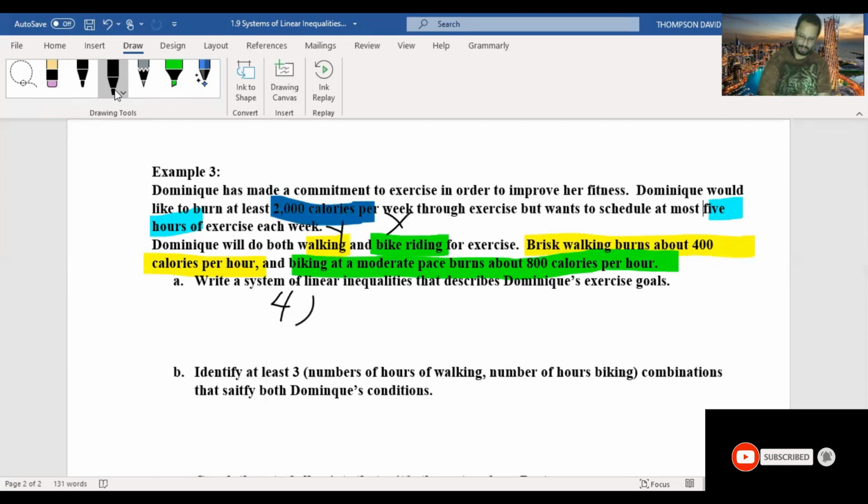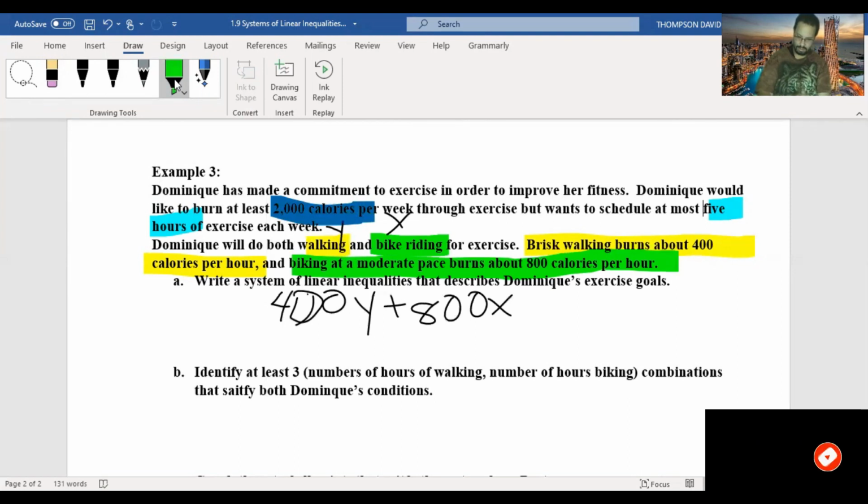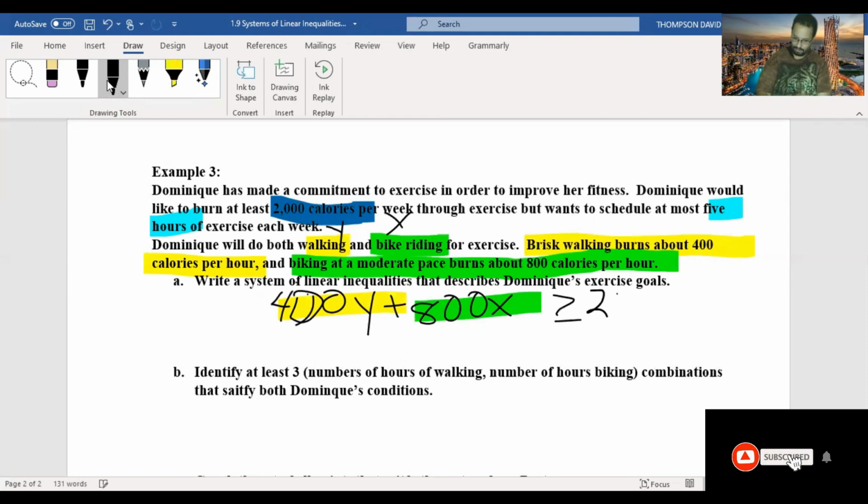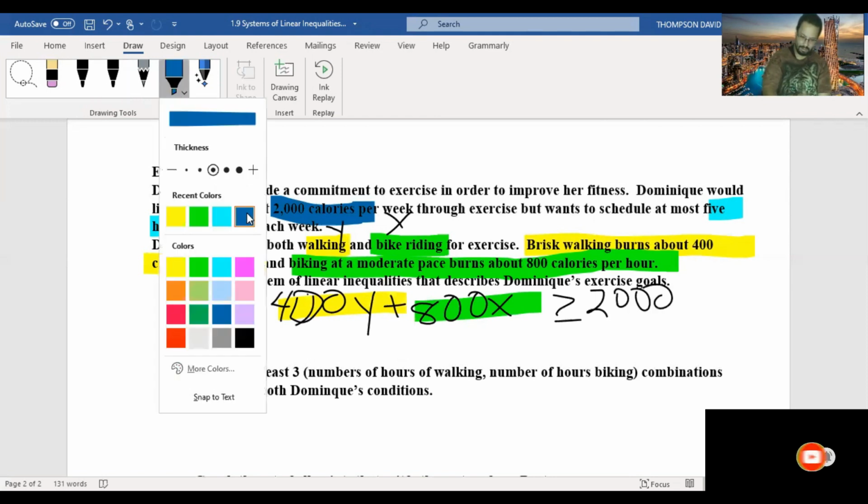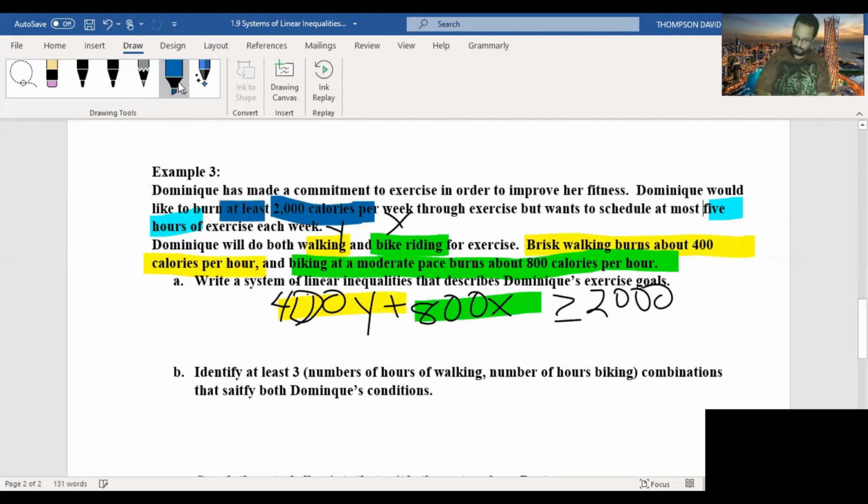So we'll say 400y plus 800x, and she wants to burn at least 2,000 calories, so that will be greater than or equal to 2,000. So that handles our calories inequality.